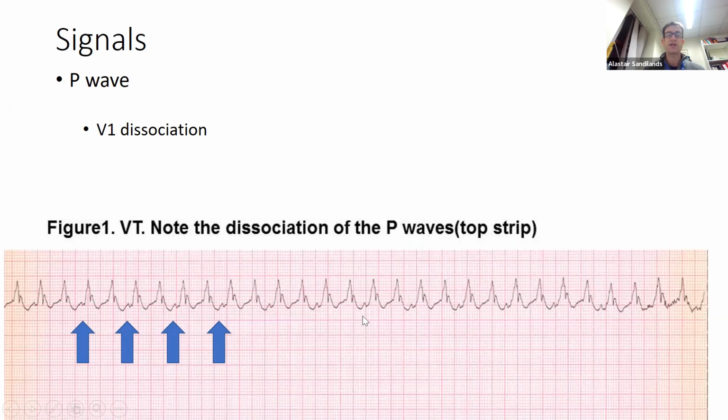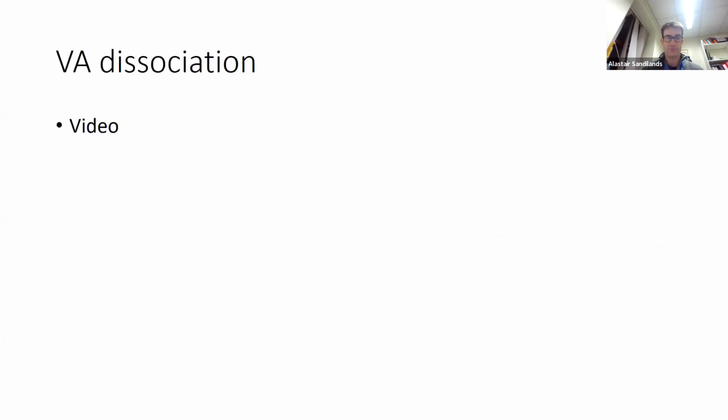V1 is the best place to see this. It's firing on its own independently, and then the VT just carries on going very fast at the bottom. This is what we call VA, ventricular atrial dissociation. It's pathognomonic of VT. It confirms that there is ventricular tachycardia.